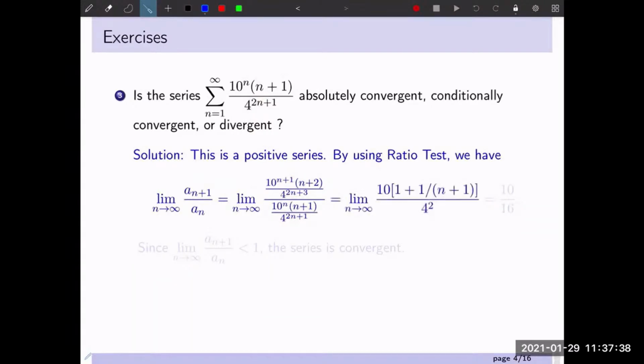So you get 10 over 4 squared. Well, when n tends to infinity, this term tends to 0, so it can be neglected. In the end, you get 10 over 16, which is smaller than 1. When you get a number smaller than 1, the series is convergent. Okay.